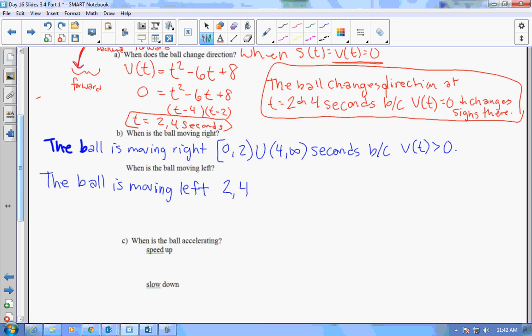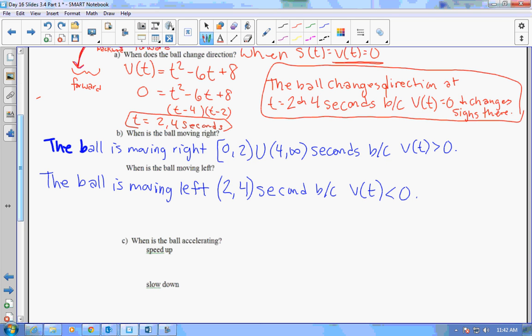Well, at 2, it's changing directions, and same at 4, it's changing from moving right to left or left to right, so those would be parentheses. Seconds, because if we're moving to the left or moving backwards, our velocity would be negative, less than 0.